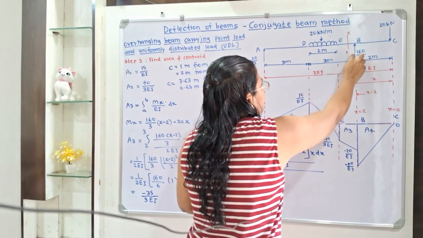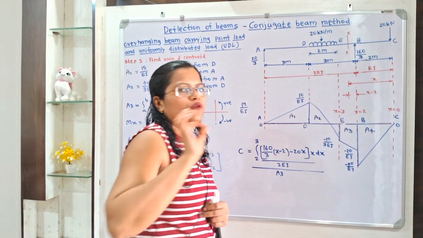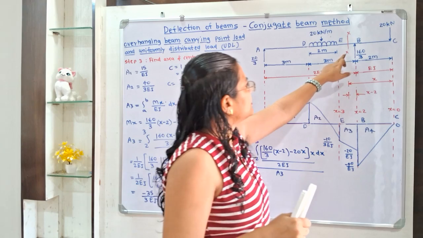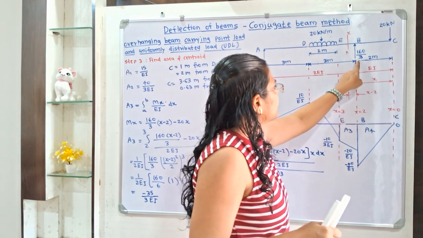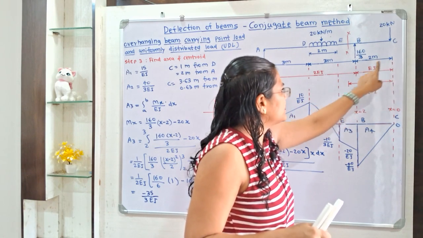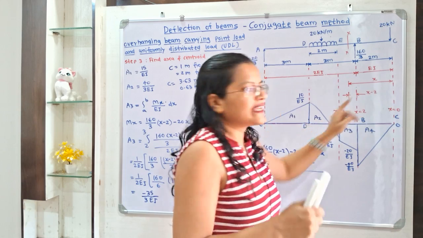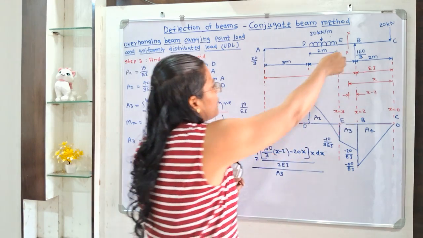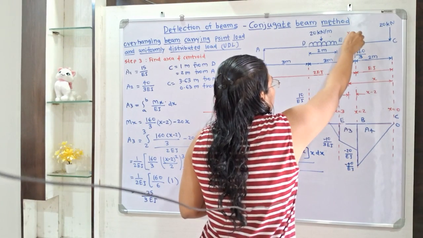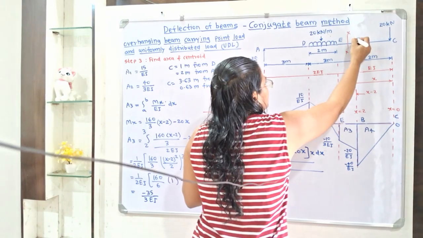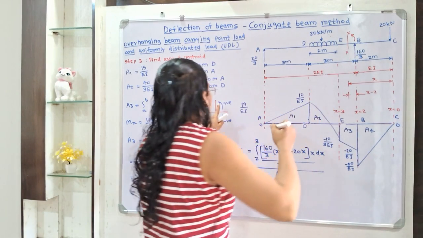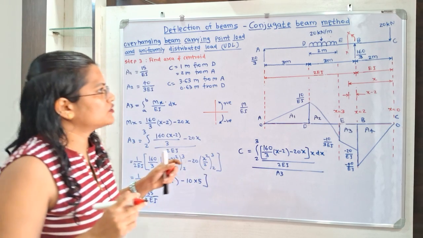So here at point B 160/3 force is there. So what is the distance from this section XX? This total distance is x and this distance is 2 from the point C, so the remaining distance is x minus 2. Now if I move about the section XX in the direction of this 160/3, then here is the anti-clockwise direction, so use positive sign.